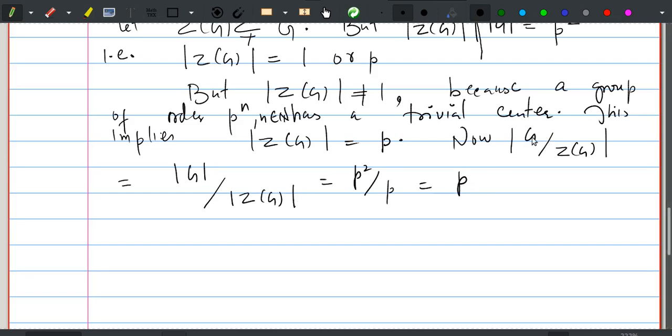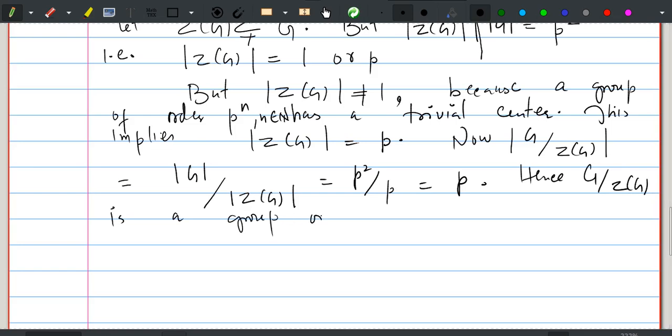So the quotient group G mod Z(G) is of prime order, hence cyclic.